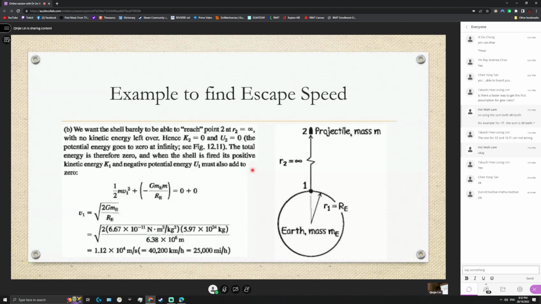So the equation will look something like that. At point 1, you will get half mv squared. This is U1, the gravitational potential energy at point 1.